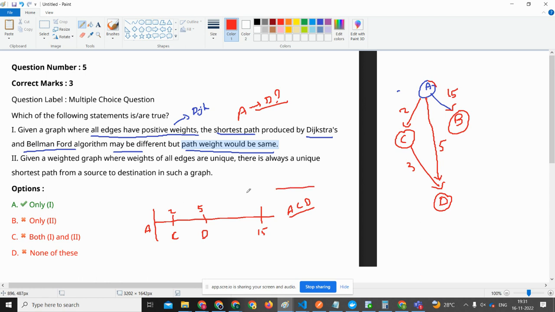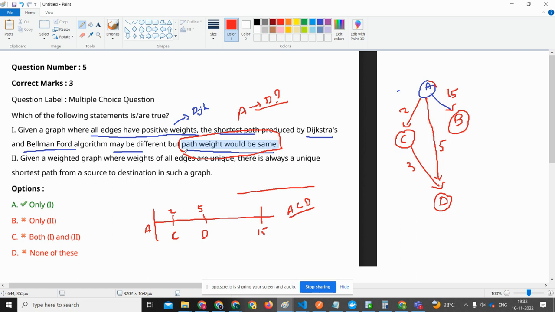Okay, but we can clearly say that the path weight should be the same, right? I mean, the shortest path weight should be the same. You agree with that, right? Yeah. Are you okay? Can we revisit the statement and check that one?